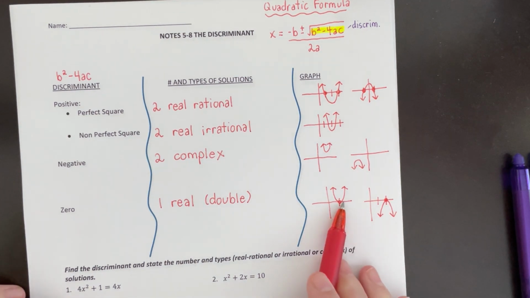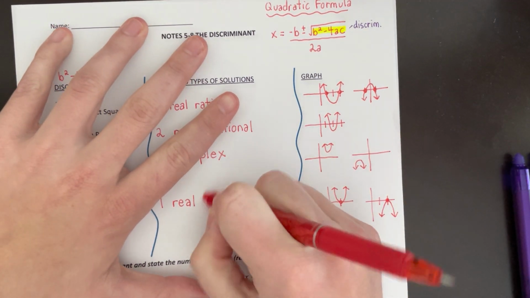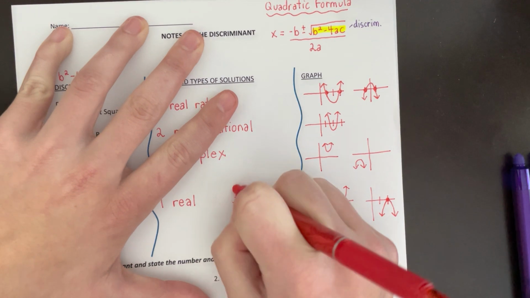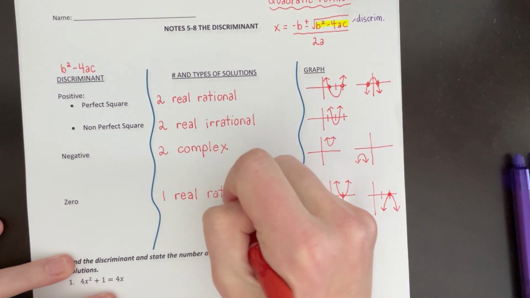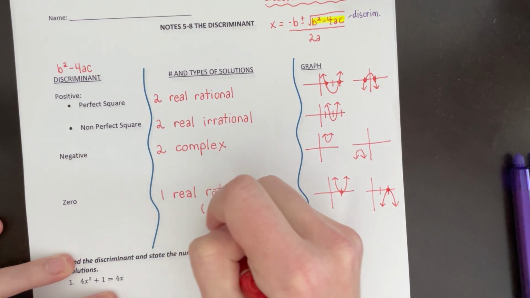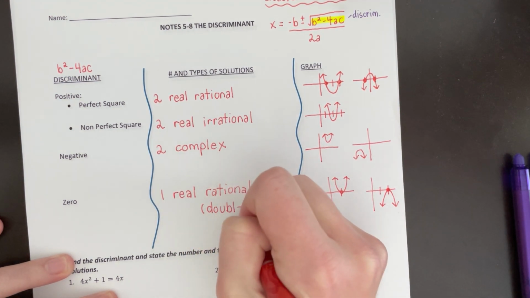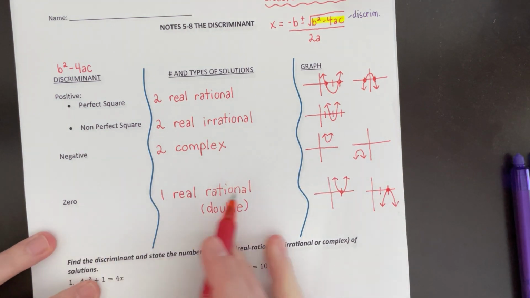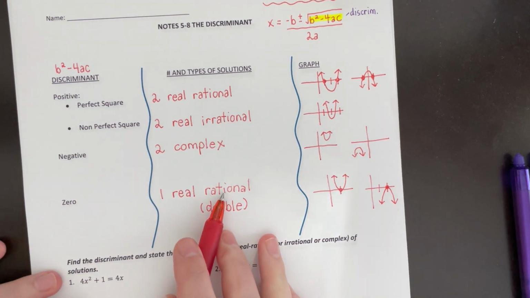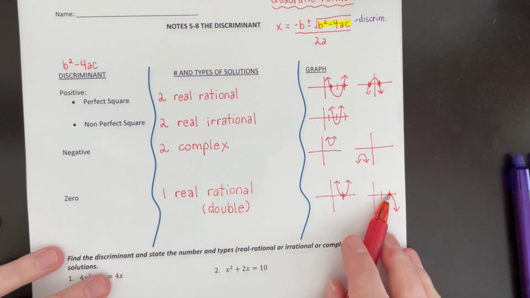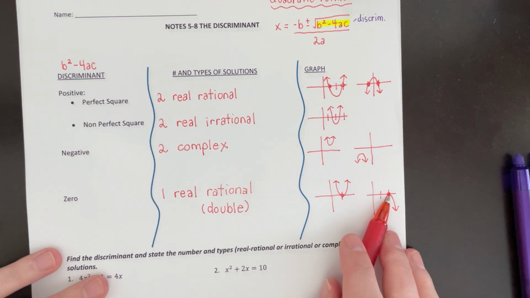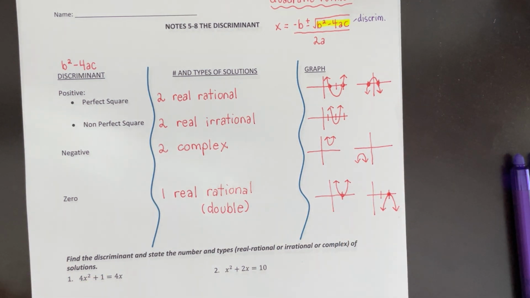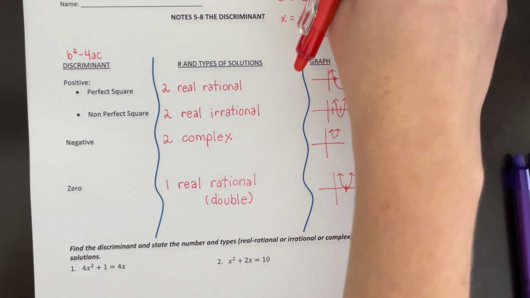Okay, but again, this is a one real double, and I should say one real rational double, because it is rational. That's what I was getting at. One real rational, it's a double, because 0 is a perfect square, right? So it will be a rational answer. It could land on a half or something like a third, but it couldn't land on something ugly like 0.425683, something that goes on forever.